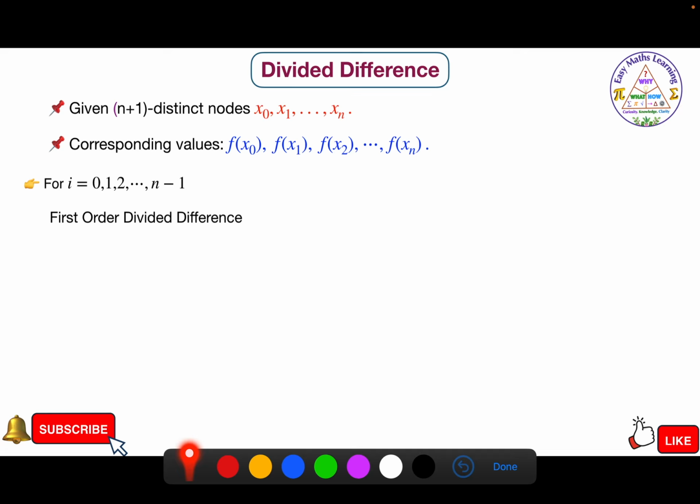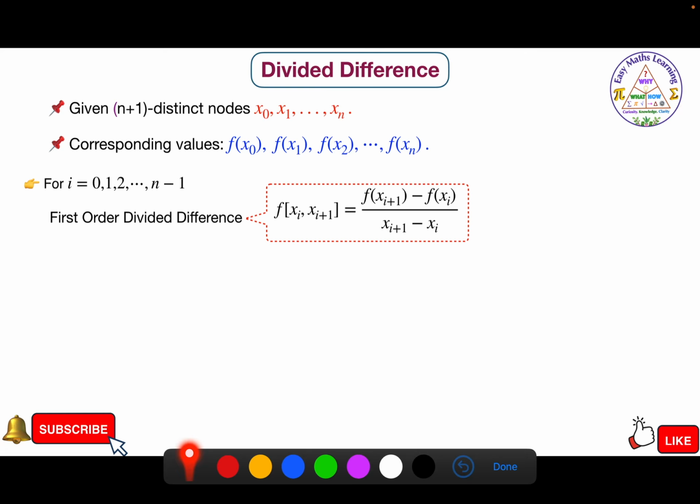The first order divided difference is denoted by f of the bracket xi comma xi plus 1, and it is equal to f of xi plus 1 minus f of xi divided by xi plus 1 minus xi. See, the first divided difference is simply the slope of the straight line joining the points xi, f of xi and xi plus 1, f of xi plus 1.